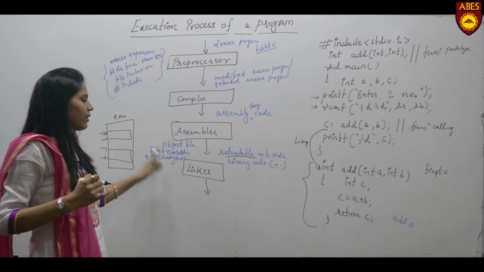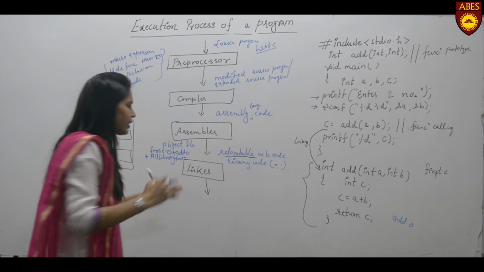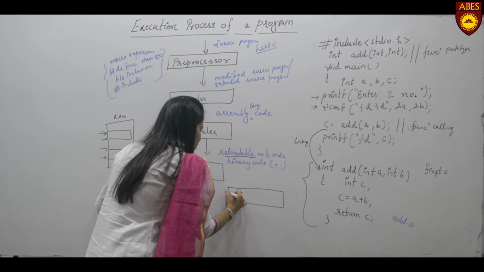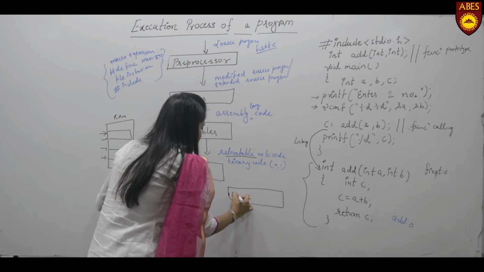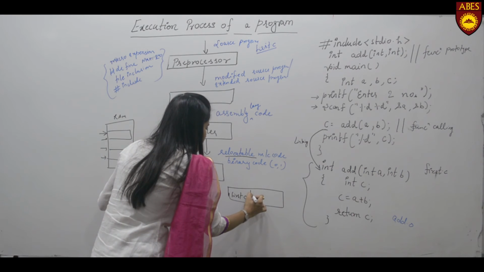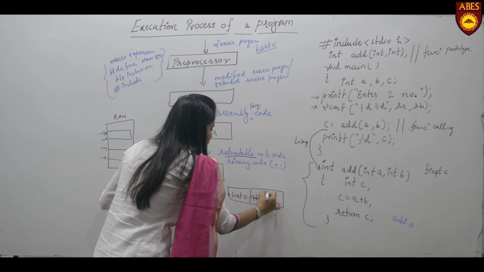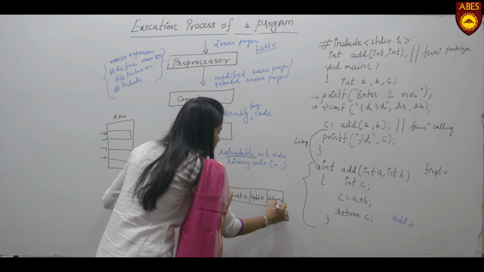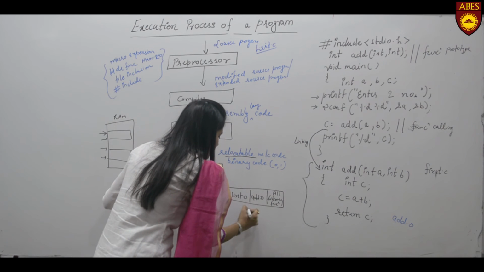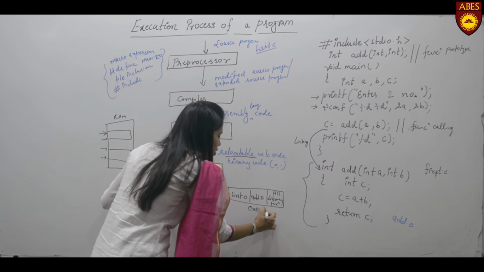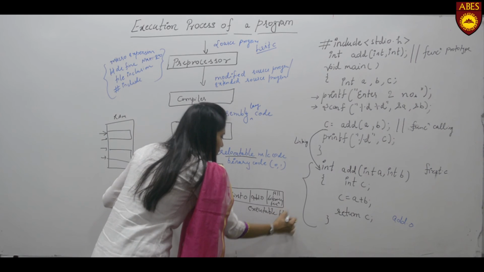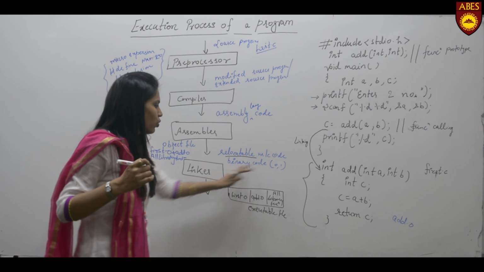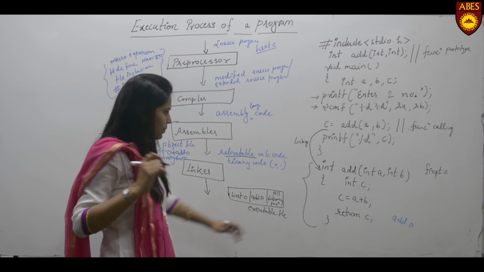It will link all the object files and convert them into a single executable file. This is the executable file. Now we have the single executable file. It will be stored anywhere in our secondary memory.